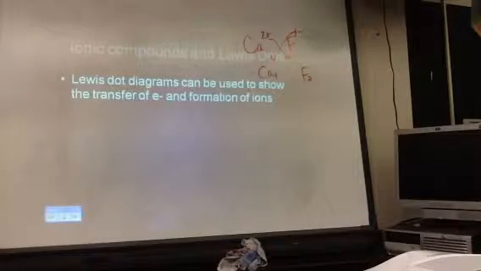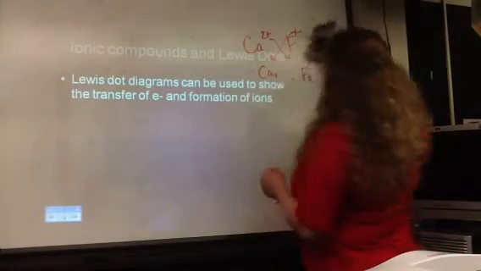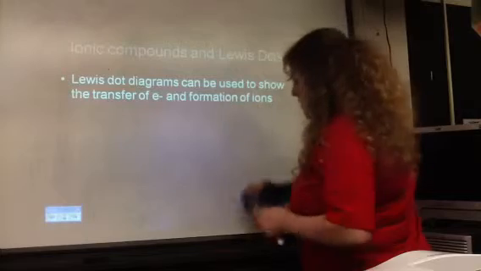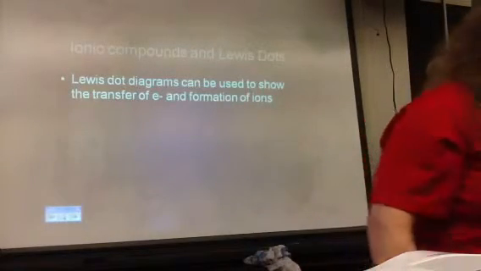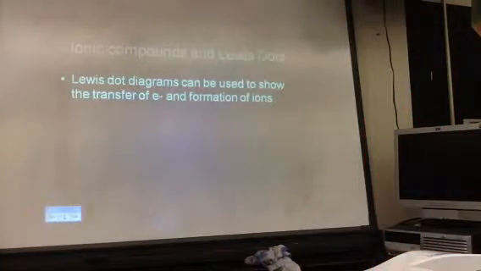Now, we can actually show a Lewis dot diagram for an ionic compound. You've had some practice with drawing ions as Lewis structures. What do you put around an ion to show that it's an ion? You put your brackets and your charge. You can do the same thing for an individual atom.